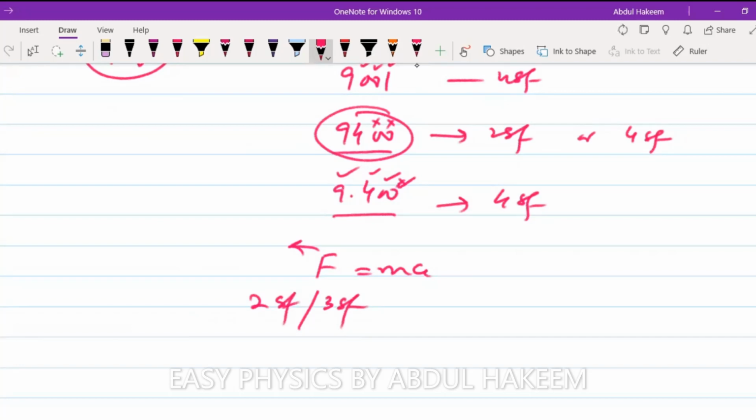But if the mass is in 1 significant figure and acceleration is in 2 significant figures, if different significant figures are used, then the force must be written in the minimum number of used significant figures. You have to write the answer.